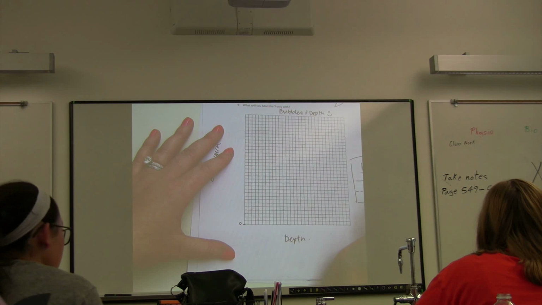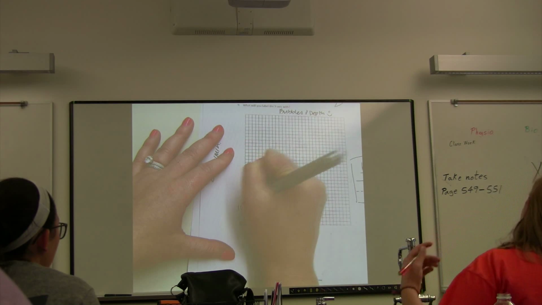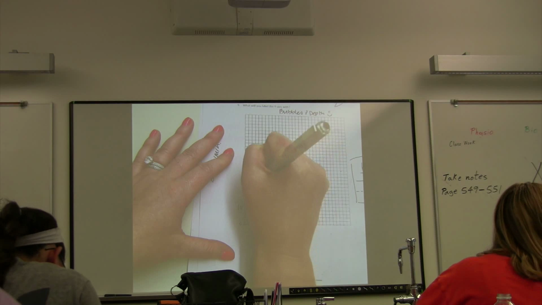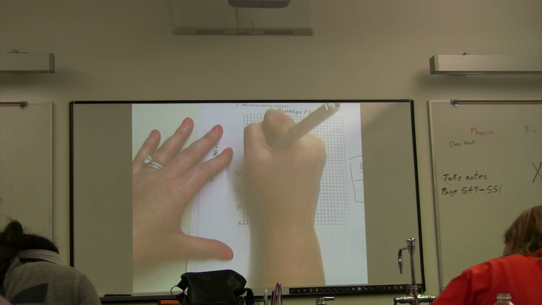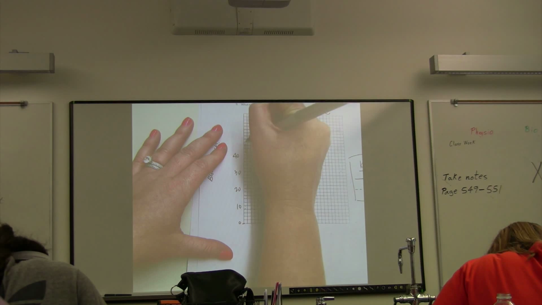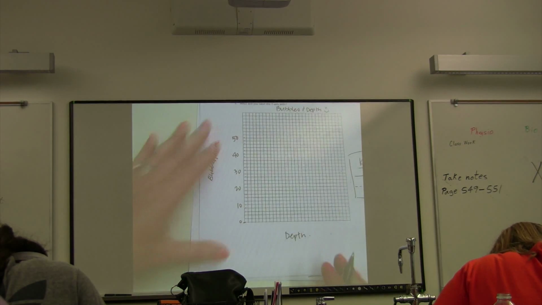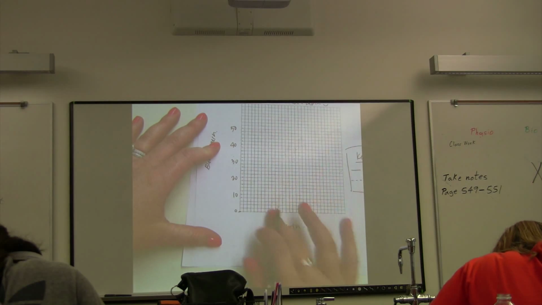Oh, if I go by 10s? You want me to go by 10s? Yes. Okay. So 10, 20, 30, 40, 50. I might be off. Don't judge. So this is the number of bubbles per minute. I've taken up a good amount of real estate here.